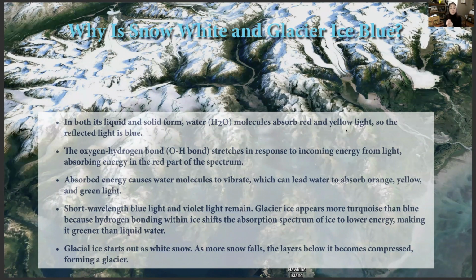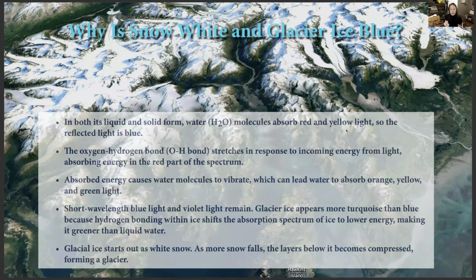Glacier ice, we're going to see, appears much more turquoise, that incredible blue, or high elevation lakes appear very turquoise, because the hydrogen bonding in the ice shifts the absorption spectrum to the lowest energy, making it a little greener than, say, liquid water, which appears blue-blue.